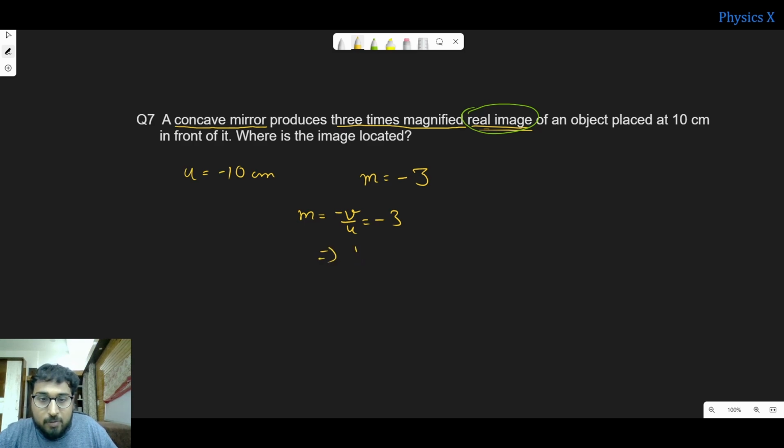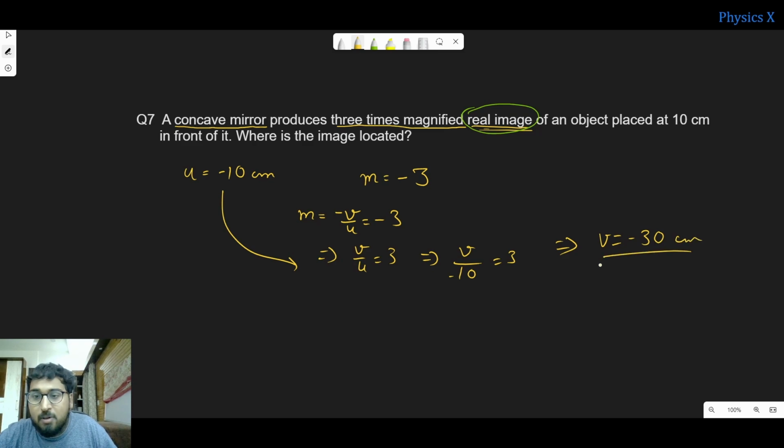So v by u is equal to 3. So we can put the value of u from here. So v upon minus 10 is equal to 3. So this implies that v is equal to minus 30 centimeters. So where is the image located? It is located at v equal to minus 30.